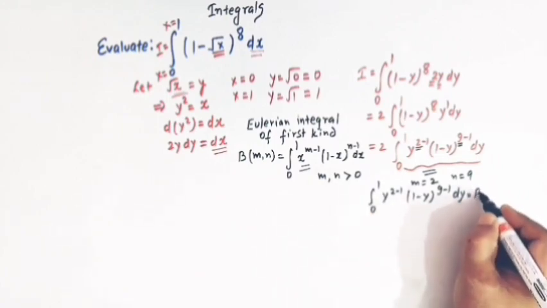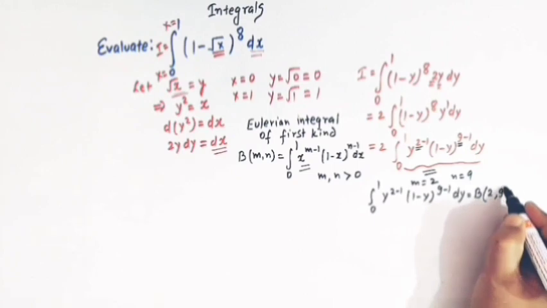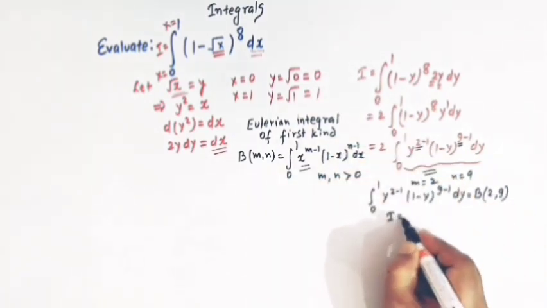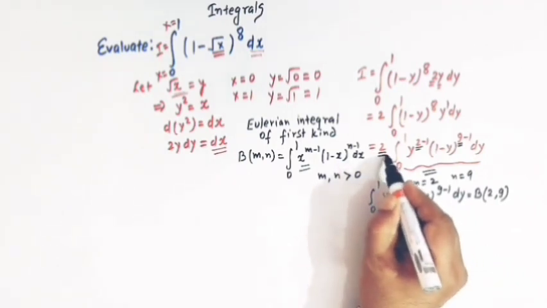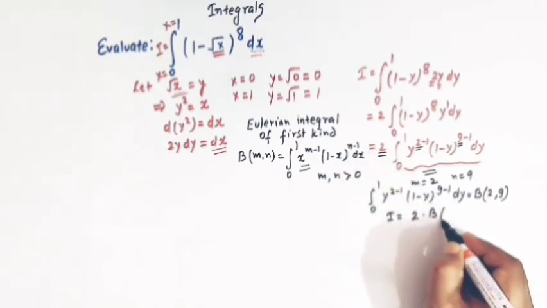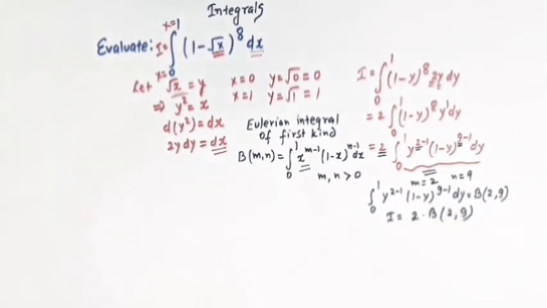So here we have beta, m is 2 and n is 9. So now this integral I can be written as 2 times, here we have 2 a factor, and then we have beta of 2 comma 9.